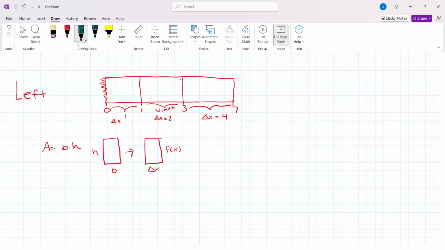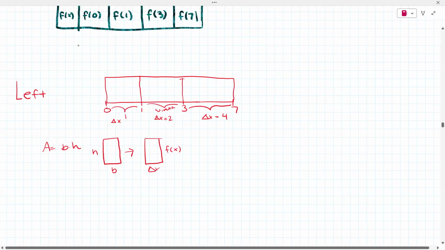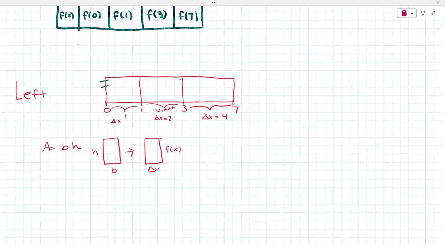Maybe I should try another color. Okay. So we care about this side, and then this side. Okay, so let's look at this area right here.